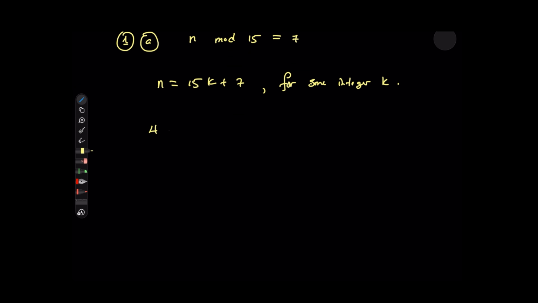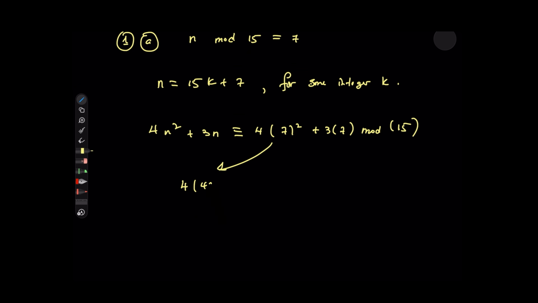So 4n squared plus 3n will be congruent to 4 into 7 squared plus 3 into 7, mod 15. If we work out this part, this will be 4 by 49 plus 7 by 3, which is 21.